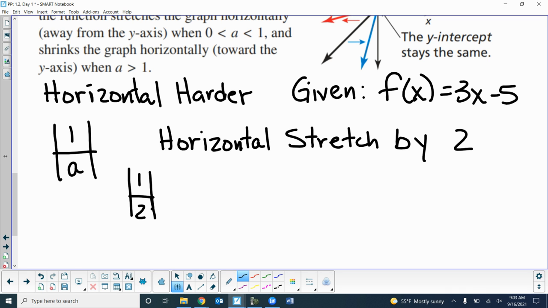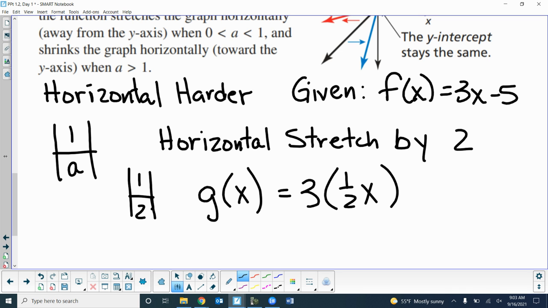Or what's the reciprocal of 2? 1/2, right? Flip it. So that's what we put inside with your x. So your 3's here, but you put it inside, so it's 1/2 x. For a horizontal stretch of 2, you're using the reciprocal of 2 times x, and then the minus 5. Okay? So that kind of stretches it this way.